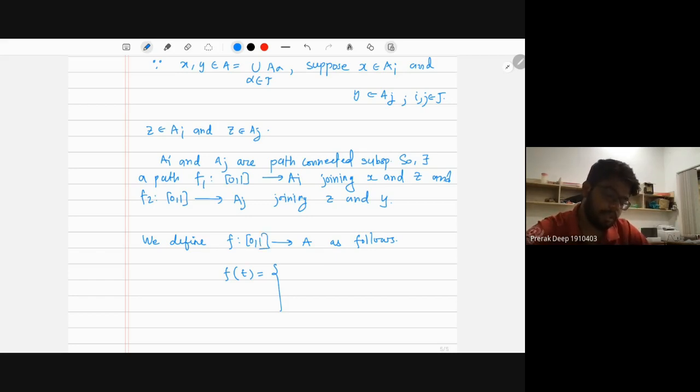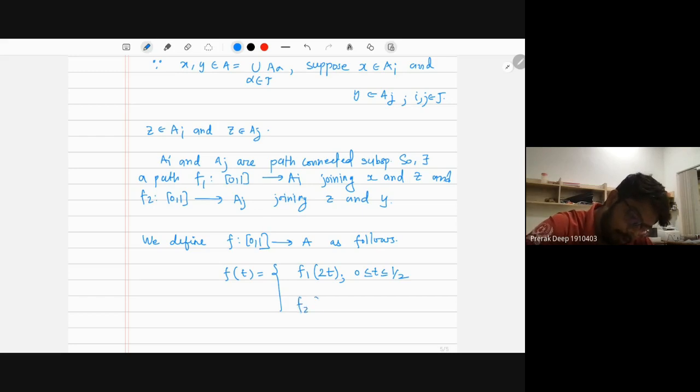In the first half of the interval, it is going to be f1 of 2t, where t is varying from 0 to half, and it is going to be f2 of 2t minus 1 for t varying between 1 half and 1.